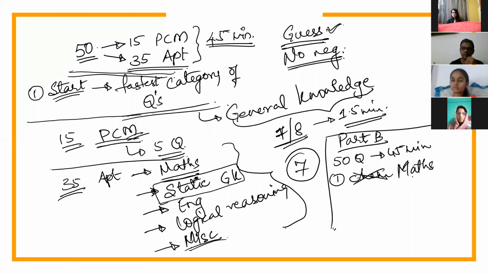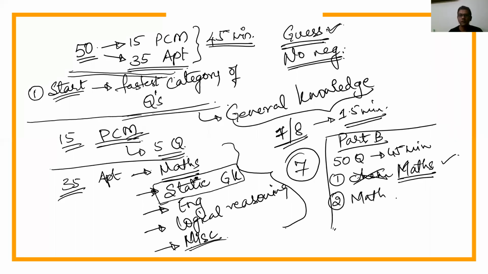Now, assume that it is not chemistry, it is maths. I love maths. So what will I start doing? I'll start solving. First question, solved. Very good, I got the answer. I'm so happy. The second question is again maths. I solve it, but I did not get an answer. Okay, fine, no problem. I go to the third question.